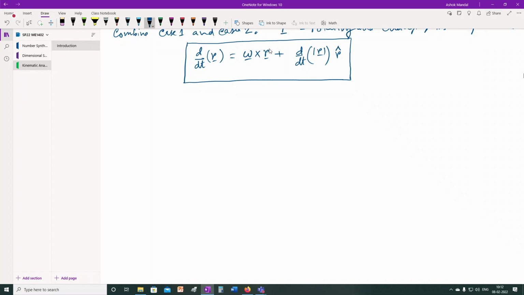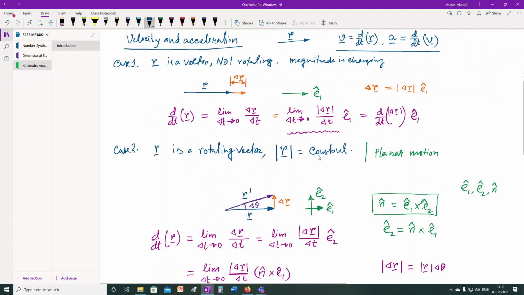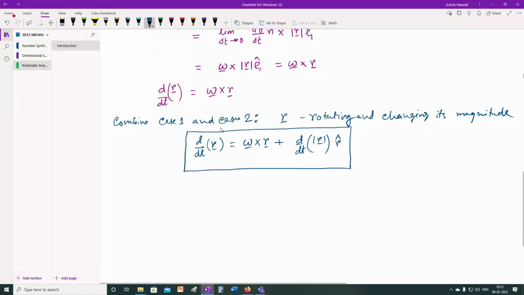This derivative we obtain from one assumption that the motion is a planar motion, but the same formula of derivative is applicable for a space three-dimensional motion.